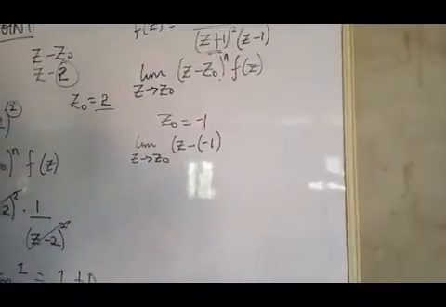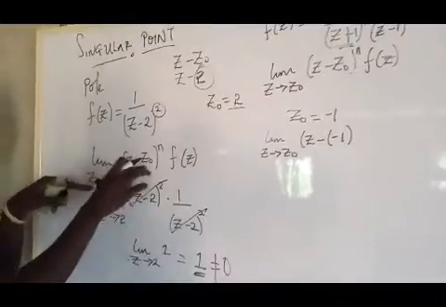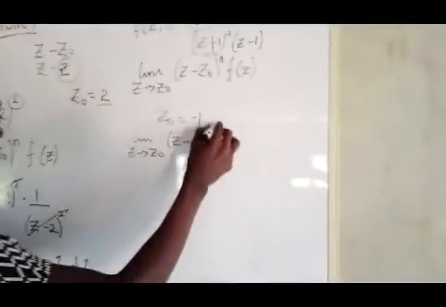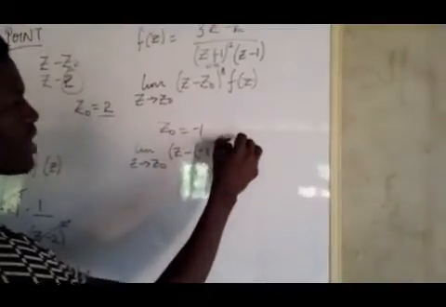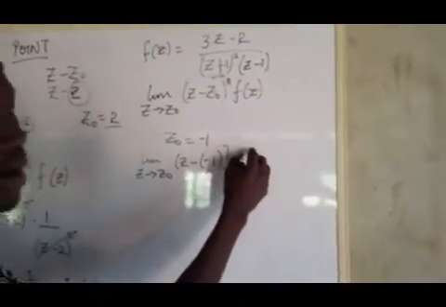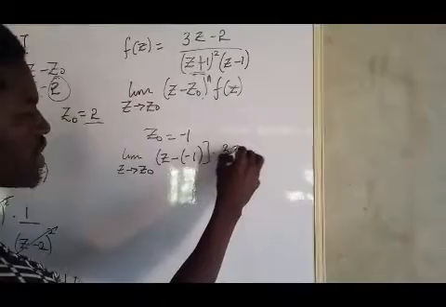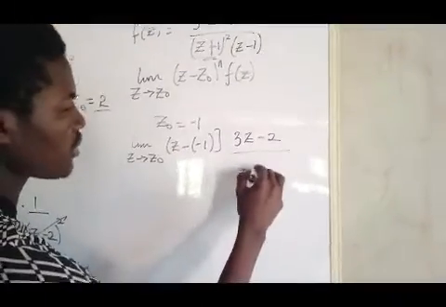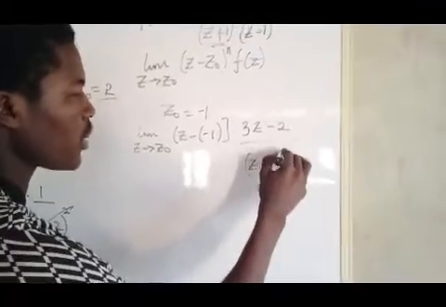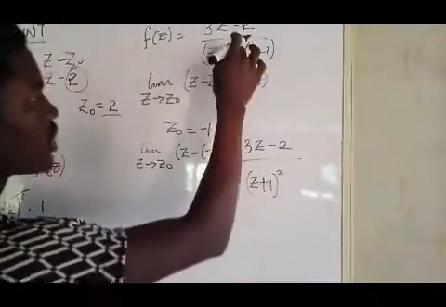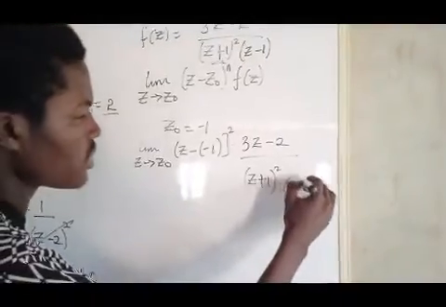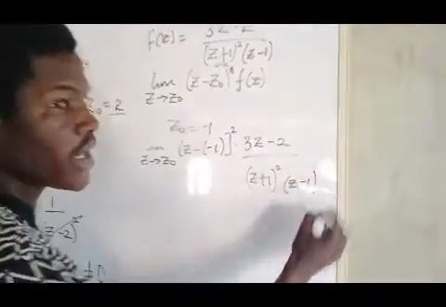You can see from the formula it is minus z naught and our z naught is minus 1. So that's why I have to put it in bracket. Then close the bracket, multiply by f of z. Our f of z is 3z minus 2 over z plus 1 all square. Don't forget this one too, we have square because of this. All square, then z minus 1. Do we get that now?